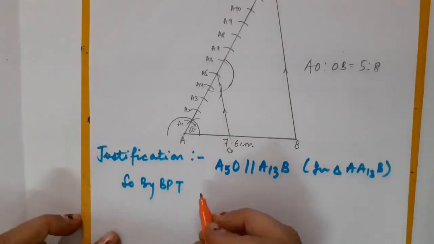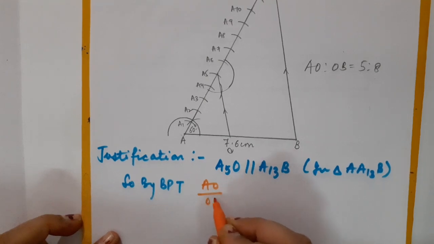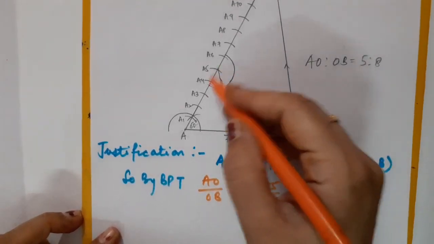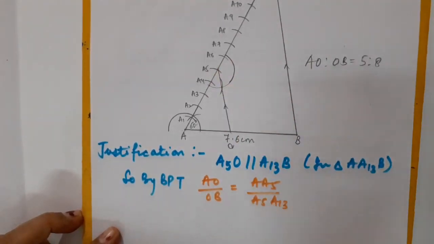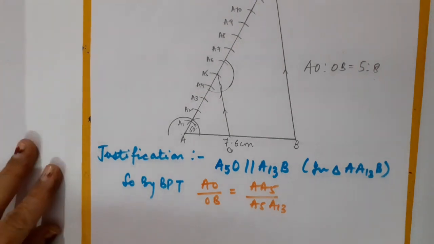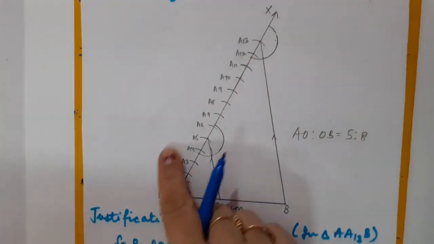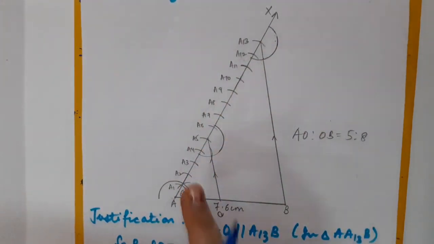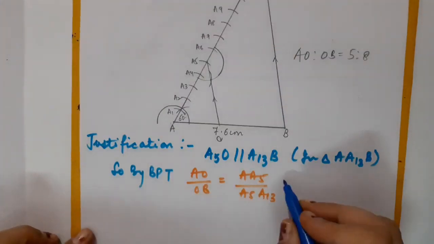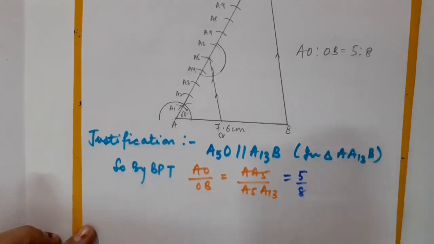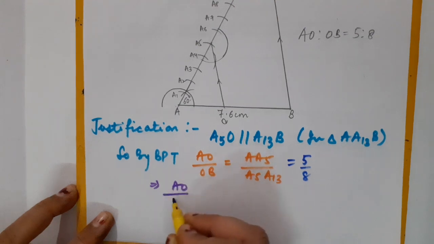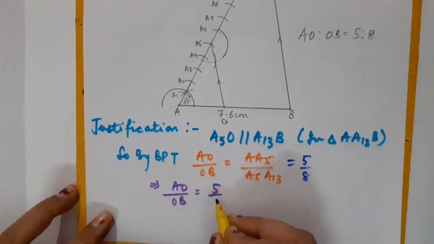we can say that AO upon OB is equal to AA5 upon A5A13. Correct? And children, by construction we know that AA5 upon A5A13 is 5/8. So can I write it equal to 5/8? So what does it imply? So we can say that AO upon OB is equal to 5 by 8.